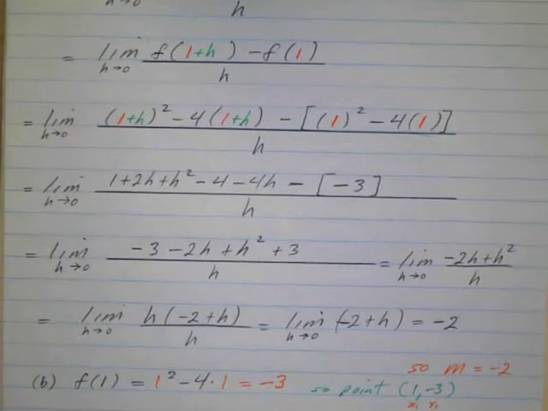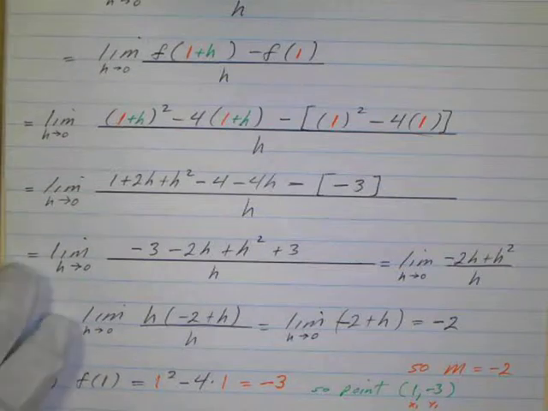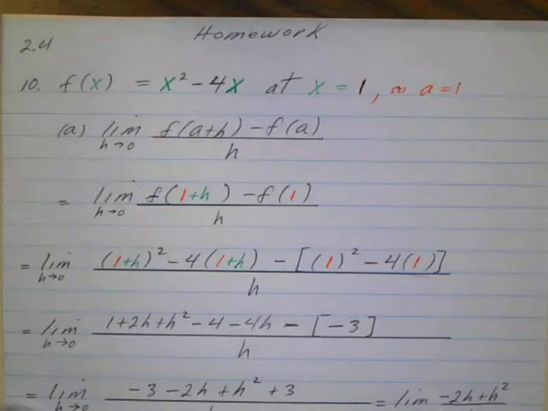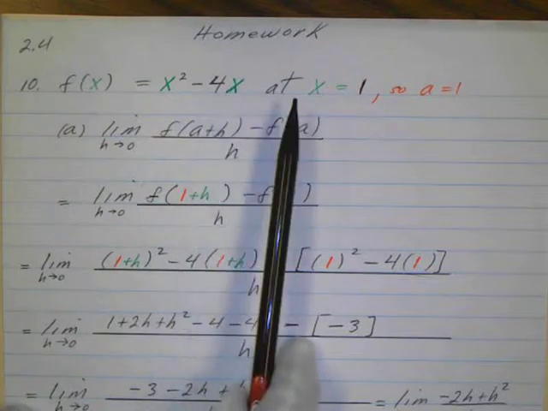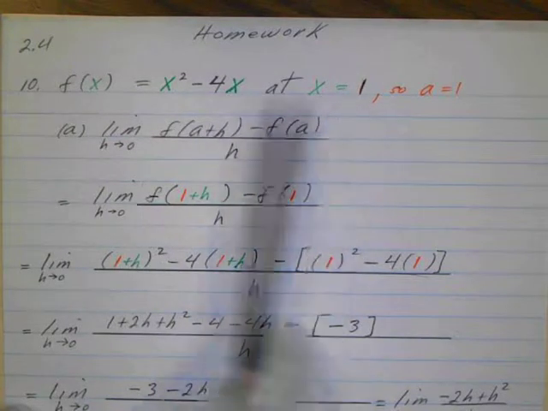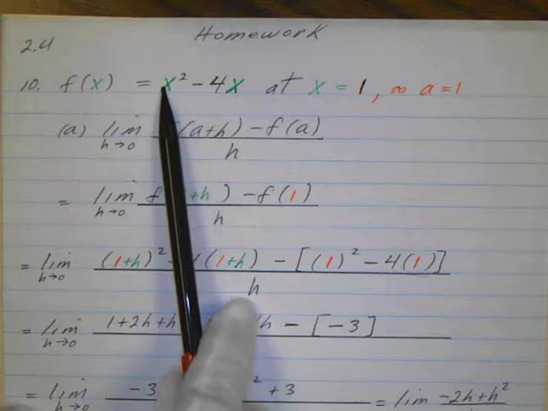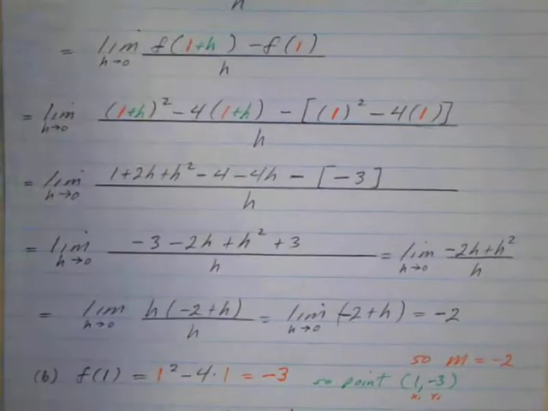All right? Now I want to find my equation of the tangent line. Now remember, the function was f of x equals x squared minus 4x. At 1, I want to find the y that goes with that, so I can just put 1 in here. 1 squared minus 4 times 1. So that's what I did over here.